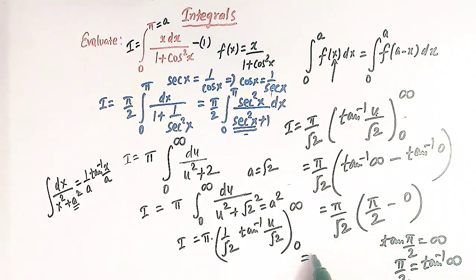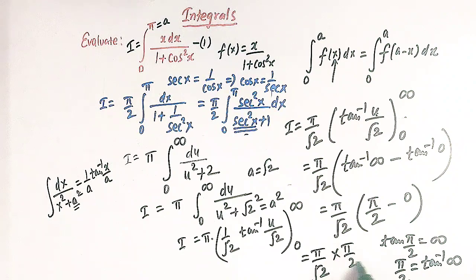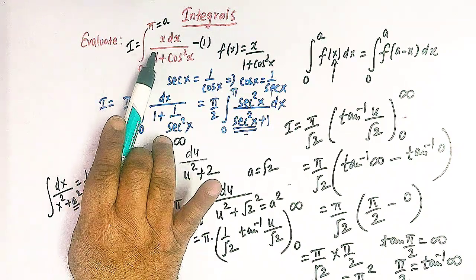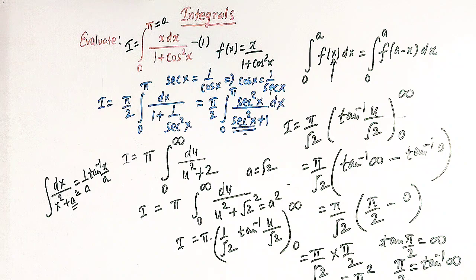So now we have pi over square root of 2 times pi over 2. So we have pi square over 2 times square root of 2, right? So the value of this integral is equal to pi square over 2 times square root of 2.